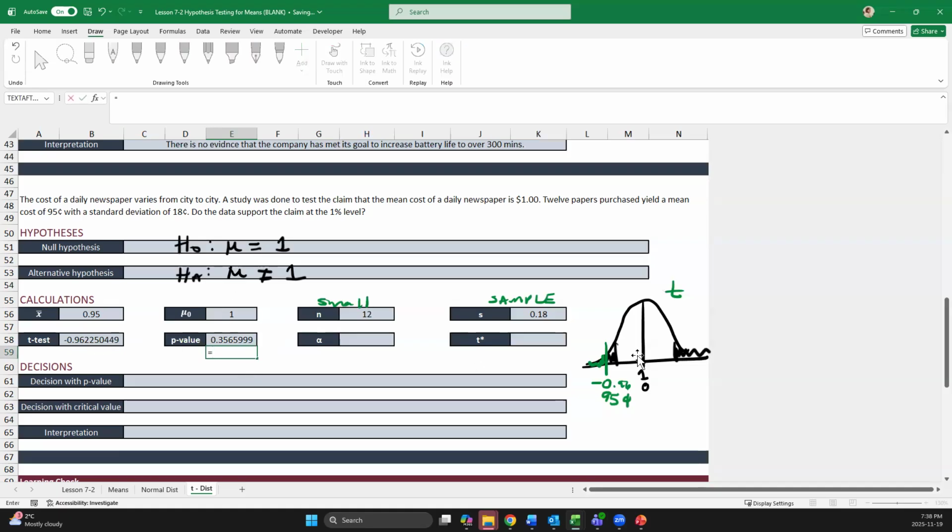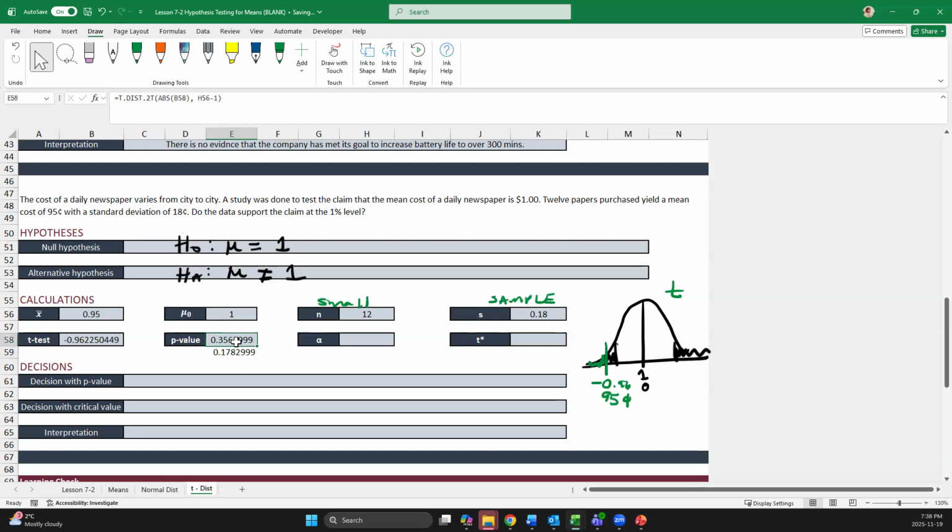If you recognize that 95% is on the lower end, you could also just use t.dist, and then it does work for the negative value. Let me just show you what happens in that case. What happens in that case is you only get a value that is half of the p-value with t.dist.2t.